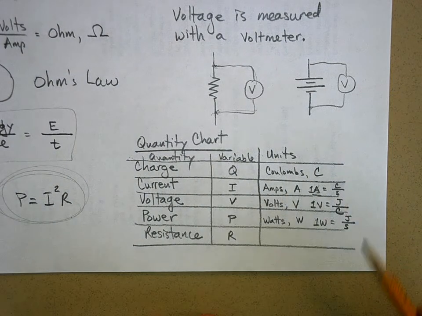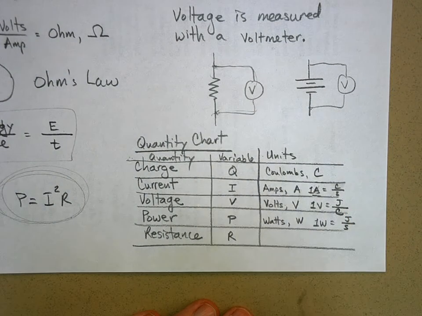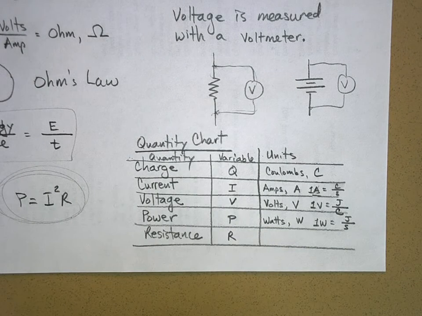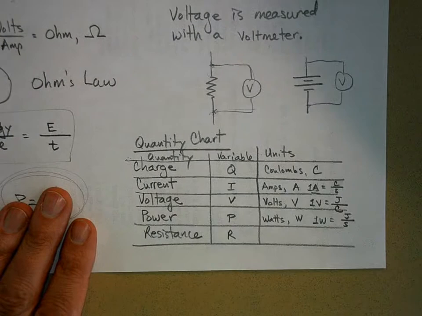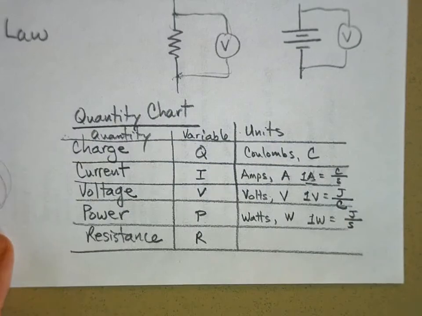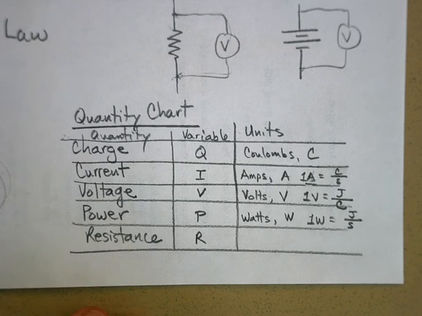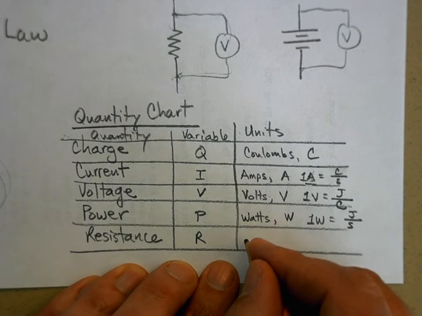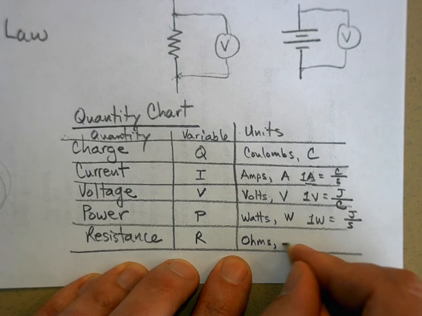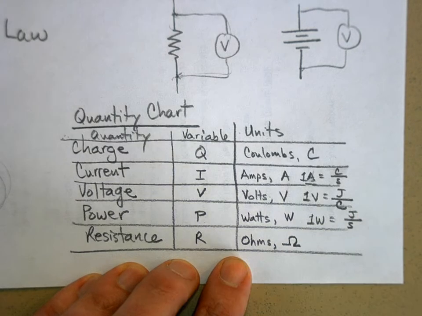So volts is a joule per coulomb, and a watt is a joule per second. Now resistance. What was resistance measured in? Ohms. We used a capital omega to represent ohms.